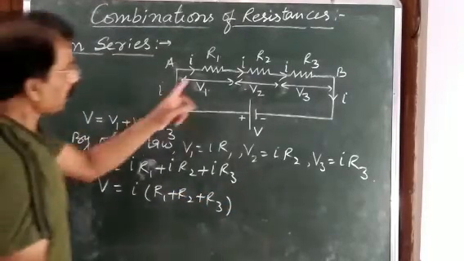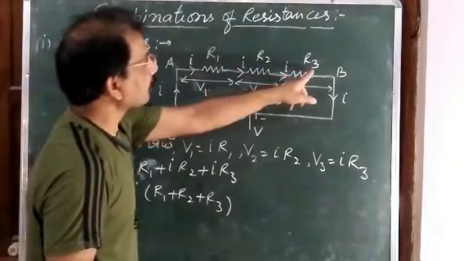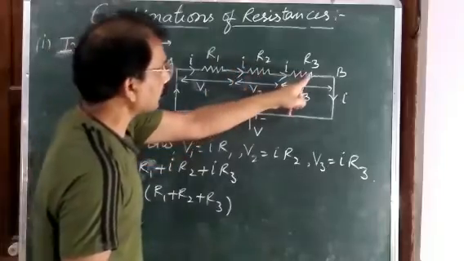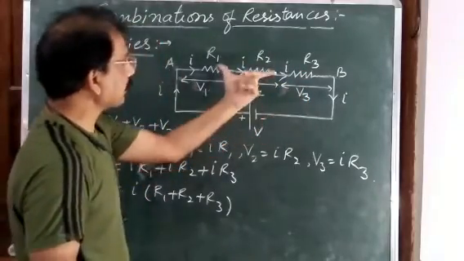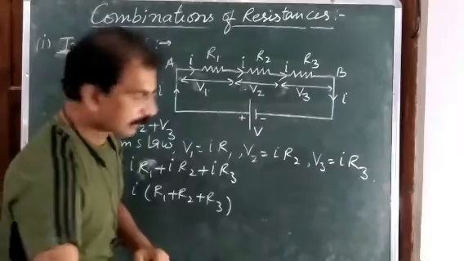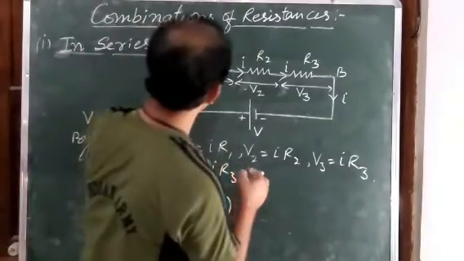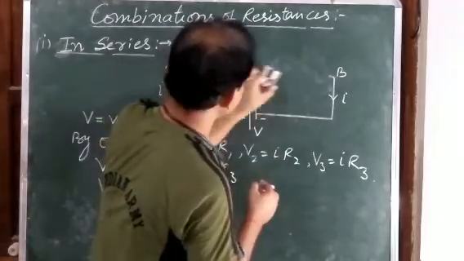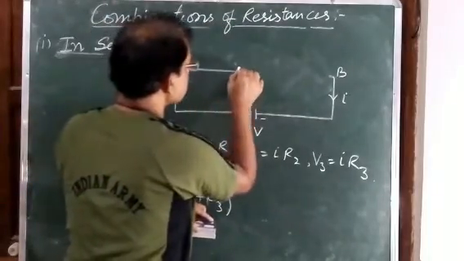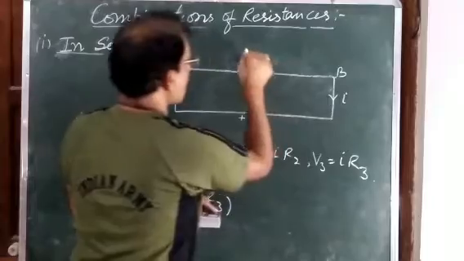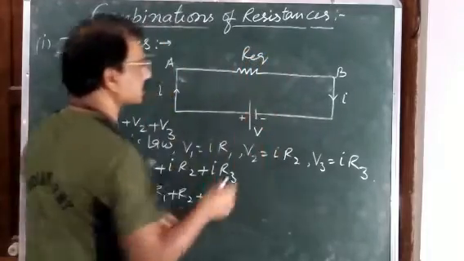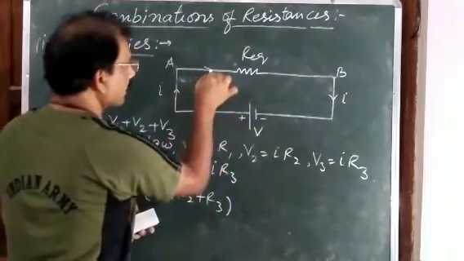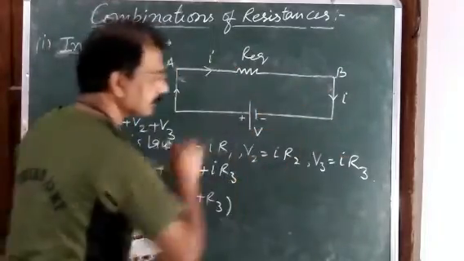Now, if these three resistors R1, R2, R3 are replaced by their equivalent resistance, it means suppose in place of these three resistors we put a single equivalent resistance, then the same V and the same current I pass through it.